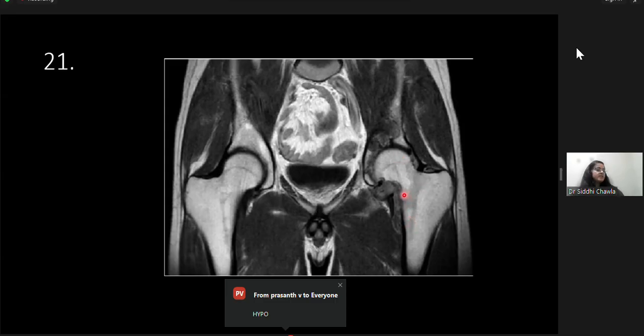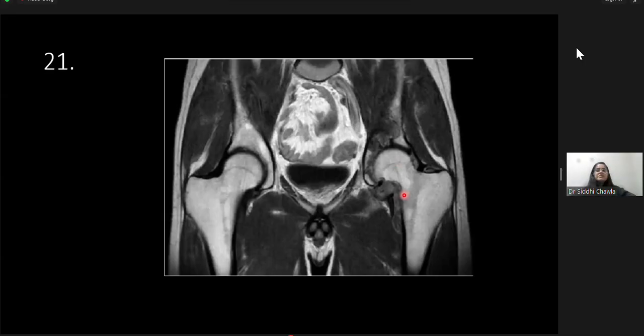Whenever you see synovial hypertrophy that appears hypointense, and there is some erosion of the cortex, you can see the cortex here, the hypointense line, you have to think about PVNS. What is PVNS? Please somebody give me the full form. This is pigmented villonodular synovitis.